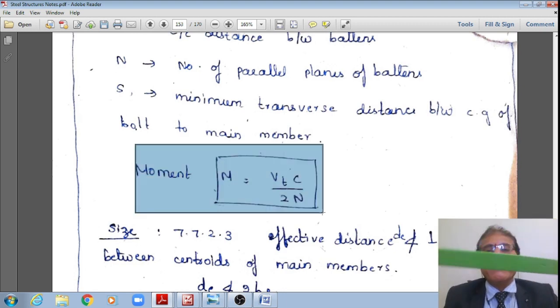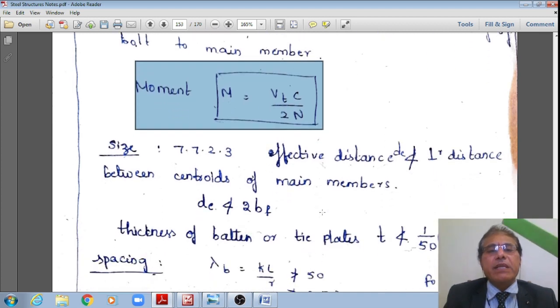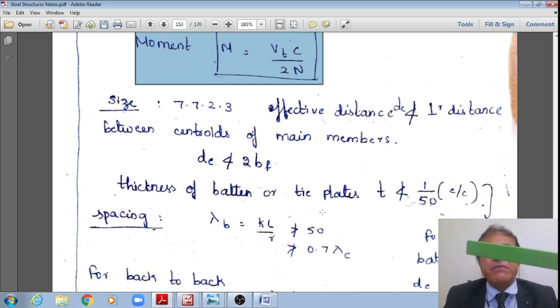The moment in this battening should be VT C divided by 2N, and the size coming to that of this, the effective distance. The effective distance DC shall not be less than the perpendicular distance between the centroids of the main members, and the effective depth of this should not be less than 2 times the width of the flange of the member, as appropriate.